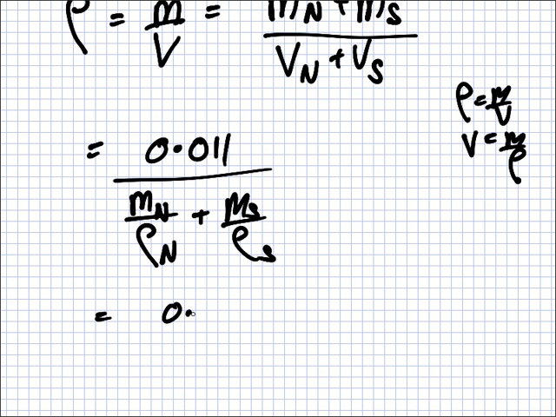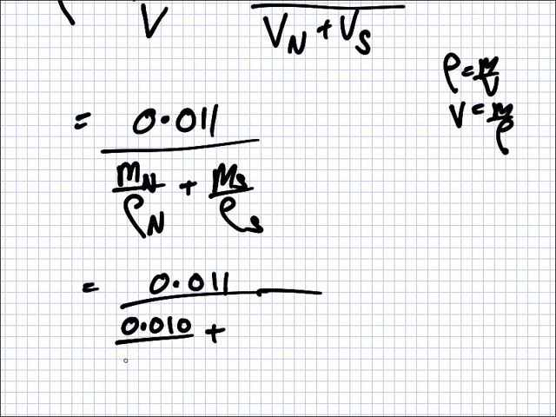So that's 0.011 over 0.010 over, what is it for nickel? 8900. 0.001 over 105.